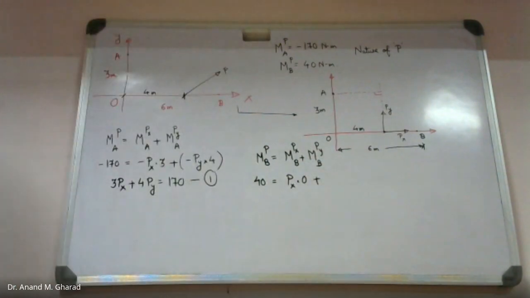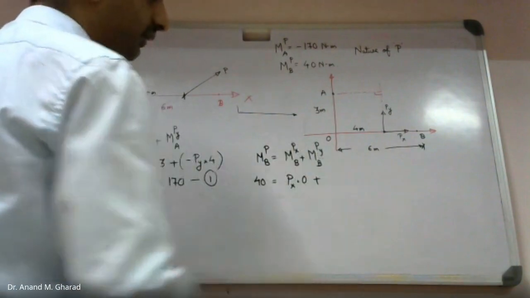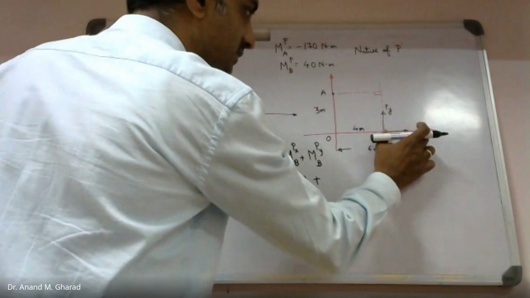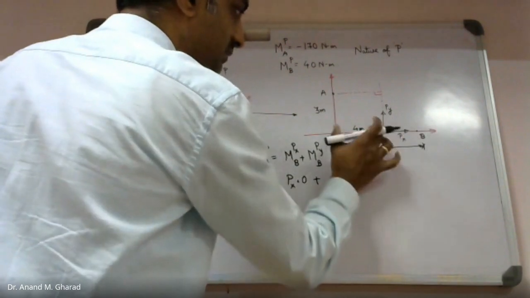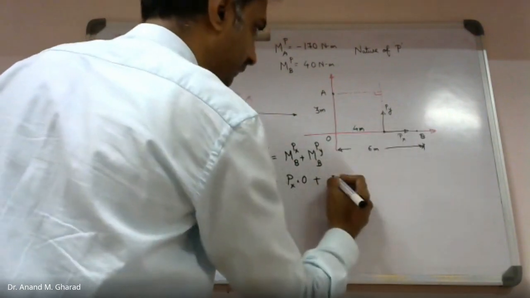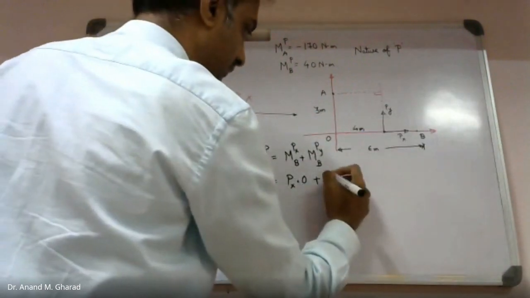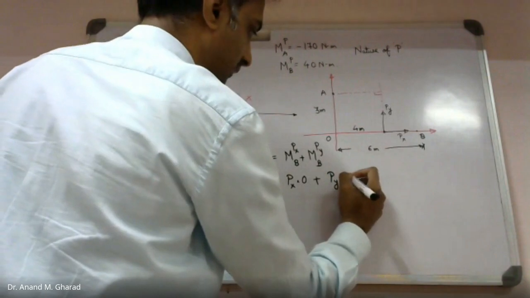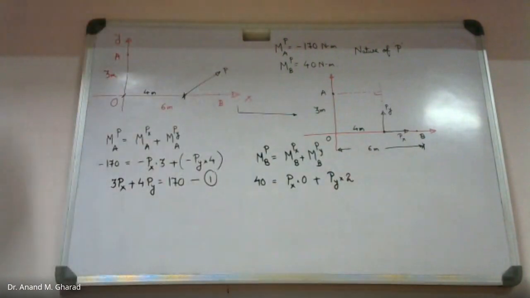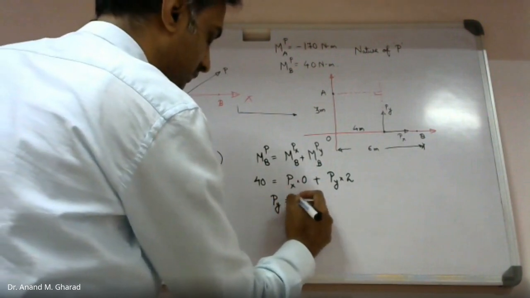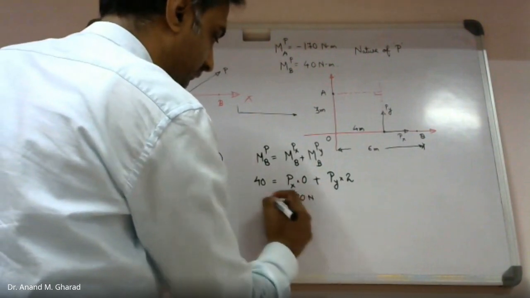What about Py about point B? Py into 2, that is this much distance, which is 6 minus 4, 2 meter. And how is it going to rotate? It will develop a clockwise rotation, 2 meter, right? So simply Py from this equation is 20 Newton, isn't it?